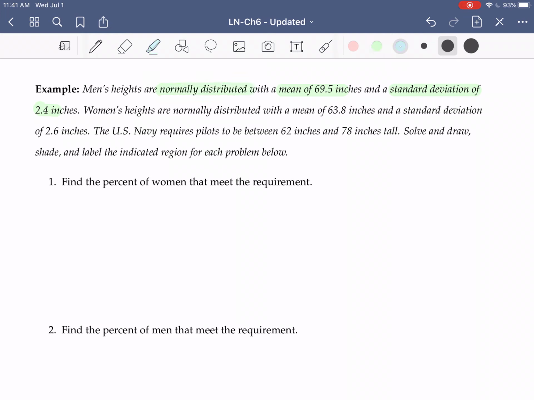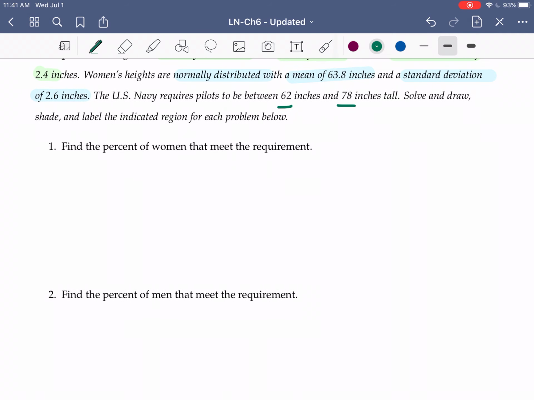Women's heights, they are also normally distributed. Their mean is 63.8 inches. Their standard deviation is 2.6. The U.S. Navy, they require pilots to be between 62 inches and 78 inches tall. We are going to solve, draw, and shade the problems below.